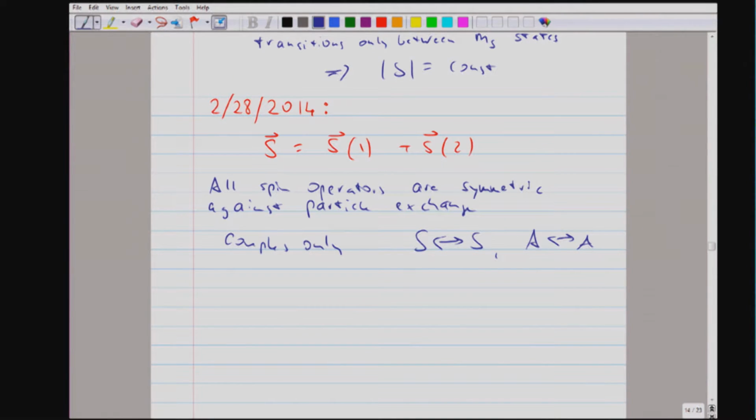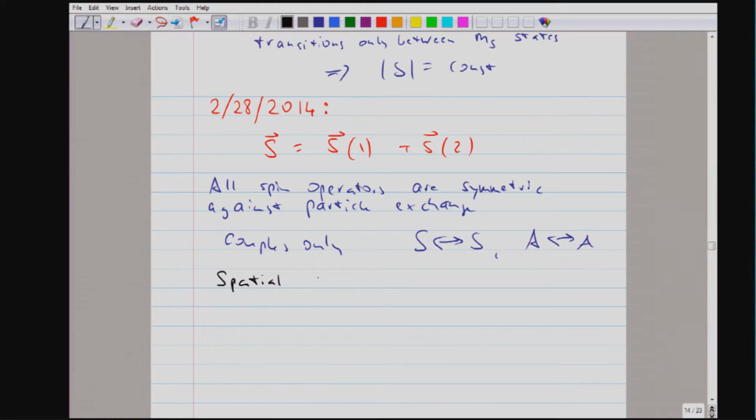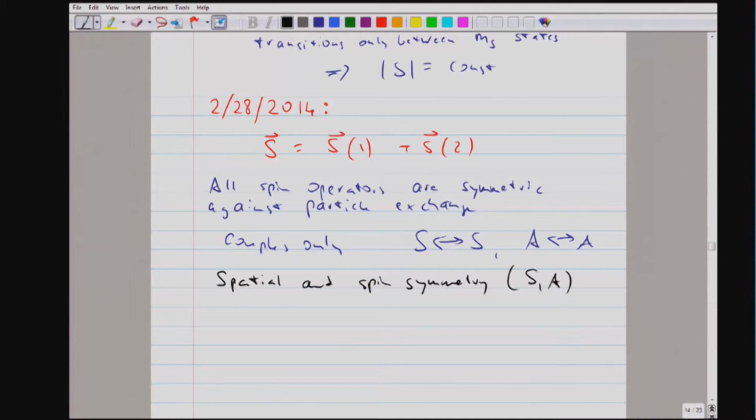Or to express the same result in different words, both the spatial and the spin symmetry, each of them can be symmetric and antisymmetric. Of course, the product of them has to be antisymmetric because we're talking about fermions. So both of these symmetries are good quantum numbers.